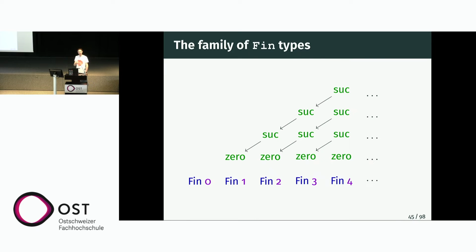Okay. Yes? Is it possible for those Fin types to be optimized down to integers as well? Because with integers, it's notorious that this is not possible for some reason. The question is, can we optimize these Fin elements to integers? Not with this definition, right?